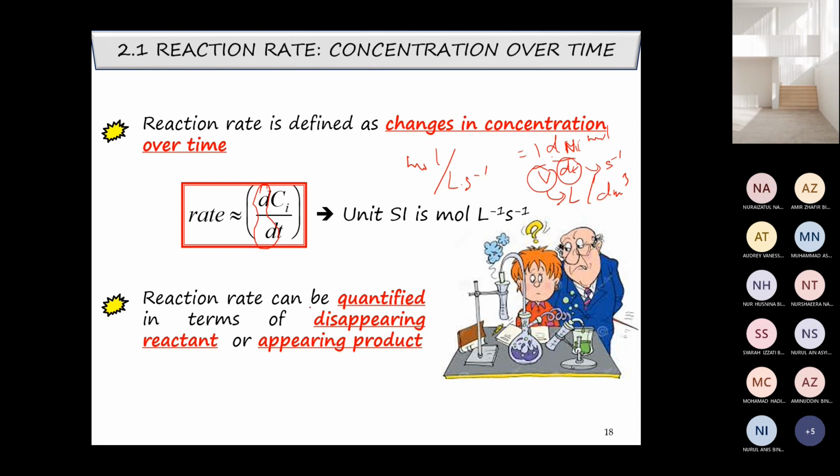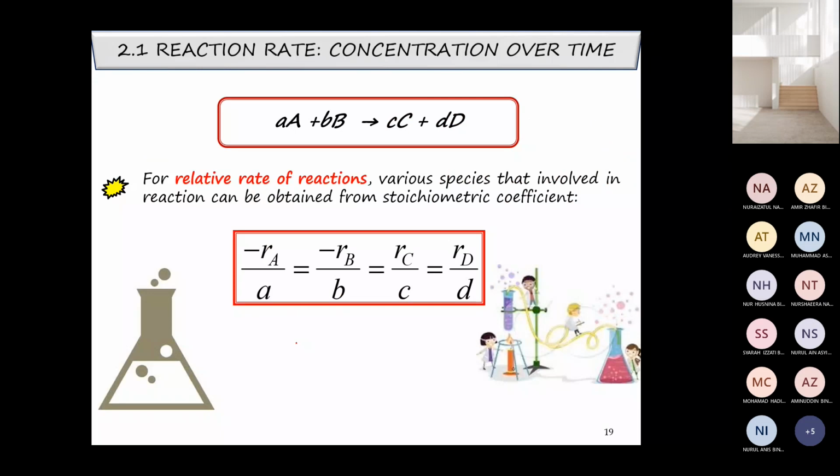Reaction rate can be quantified in terms of disappearing reactants or appearing products. This is what we call the relative rates of reaction, which we can equate for each of the components involved. For example, A and B on the left side we call disappearing, that's why you can see there is a negative here.